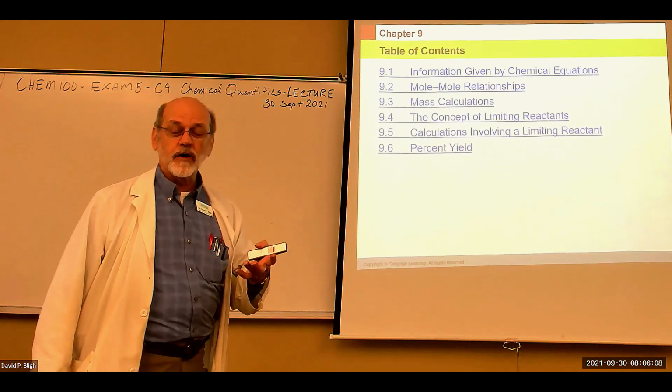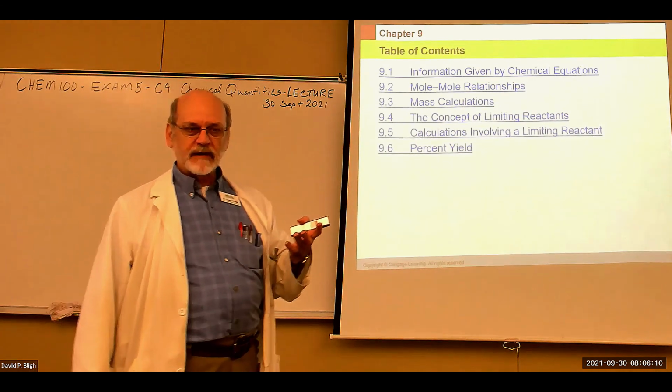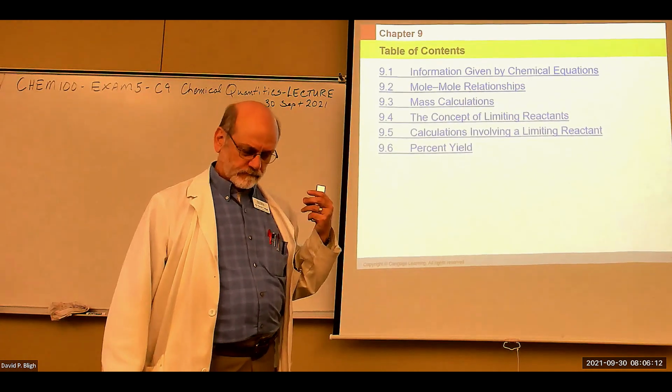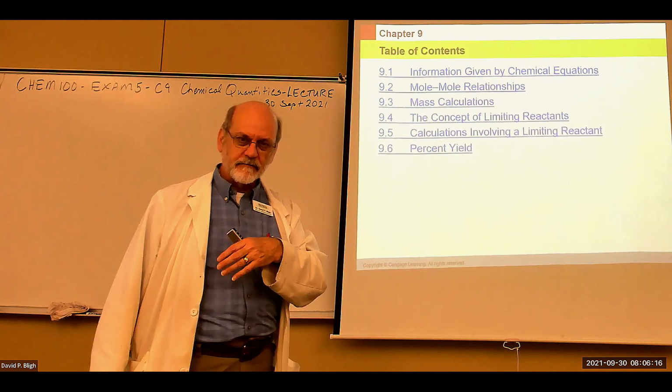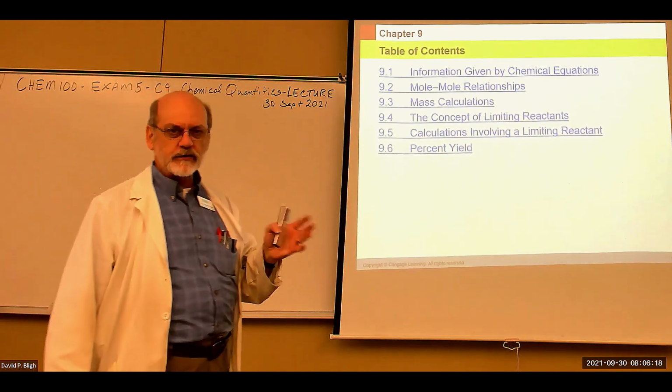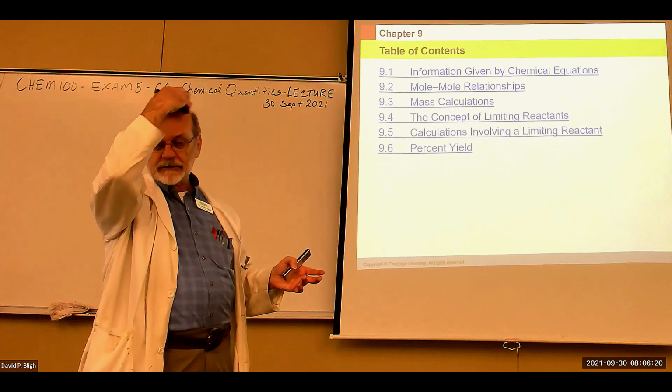We already know from Lavoisier, who said that the mass of reactants has to equal the mass of the product. Right? That's true. That's always been true. Always will be true.